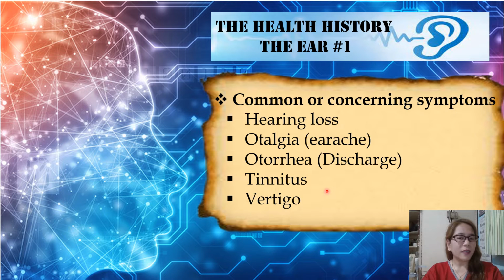Tinnitus is a feeling or ringing in the ear or other noises in one or both ears. The noise that the patient hears isn't caused by an external sound, and other people usually cannot hear it. Vertigo is a sensation of whirling and loss of balance.